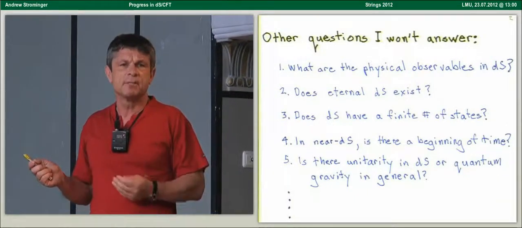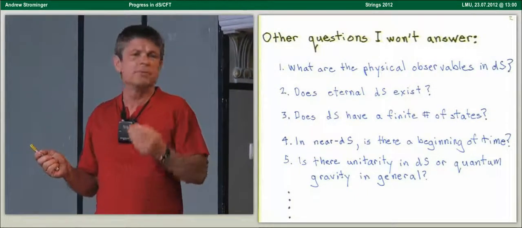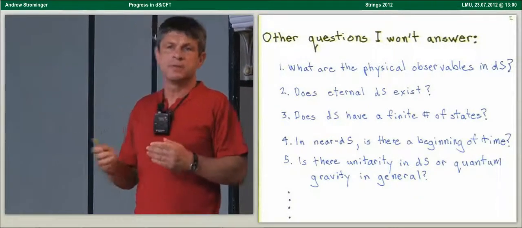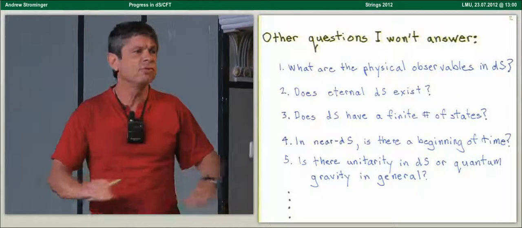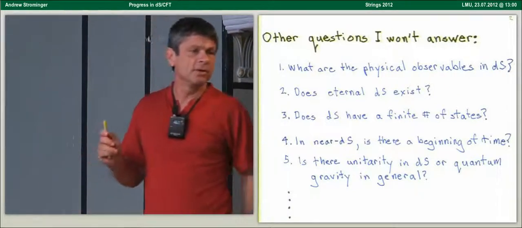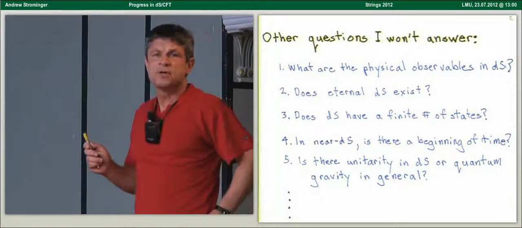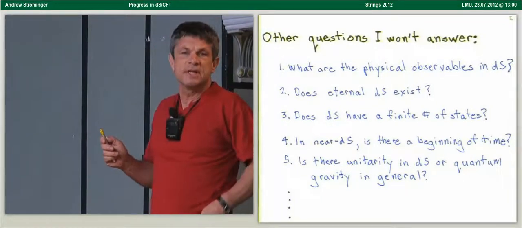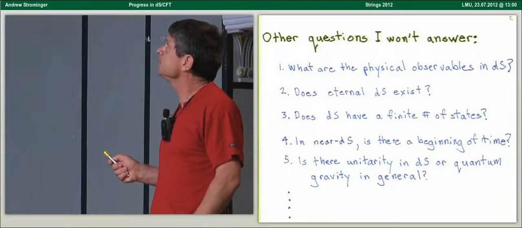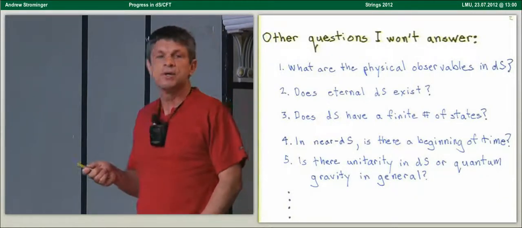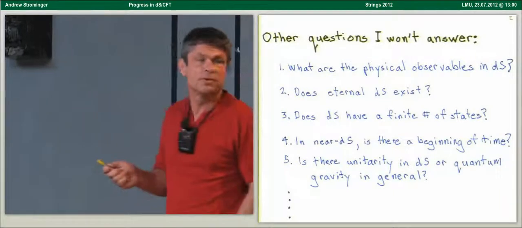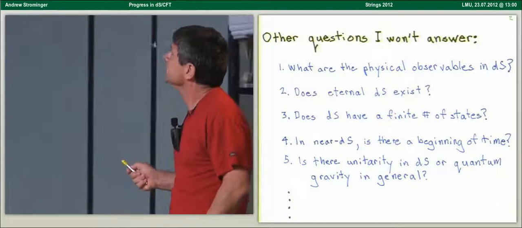If you had asked somebody in the 80s what are the observables in anti-de Sitter space, they would likely have said something about evolving initial data with boundary conditions to some other kind of final configuration. And so our understanding of the inner workings and the details of anti-de Sitter space have worked hand in hand with stating what the correct observables are in anti-de Sitter space.